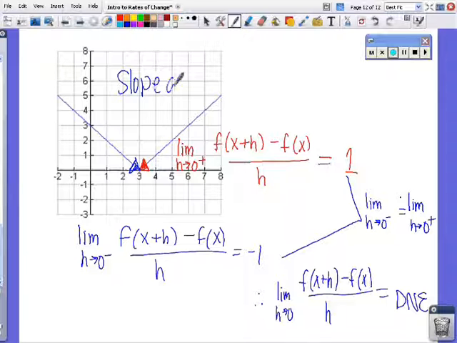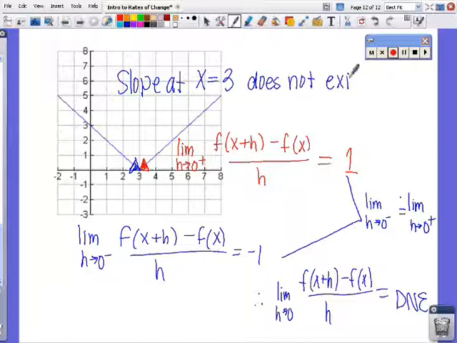And graphically, what that tells me is if I come in from the left, my slope is negative 1. If I come in from the right and my slope is positive 1, that means when I reach 3, the slopes are different. The slopes, not the values, but the slopes. So when you're looking at a piecewise function or an absolute value function, doing the limit as h goes to 0, you've got to do it from the left and from the right.